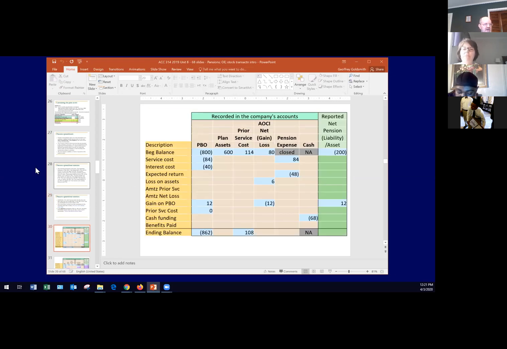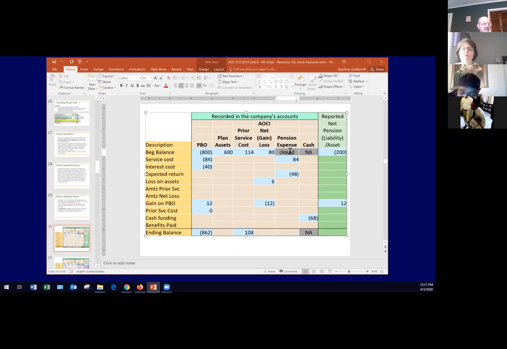So here's the information that they gave us to complete the spreadsheet. Beginning balances were given: PBO 800 million, plan assets 600 million, prior service cost 114, accumulated loss 80 million.